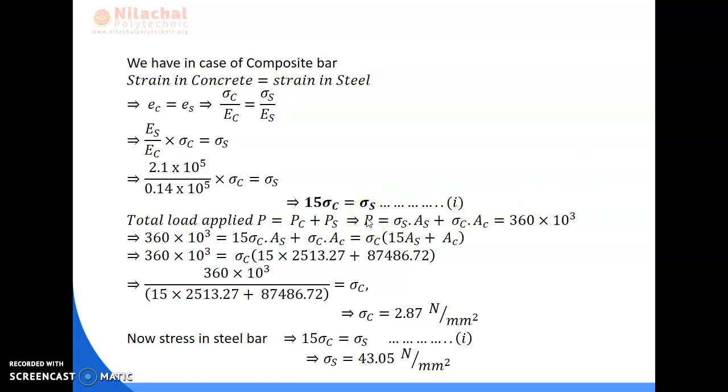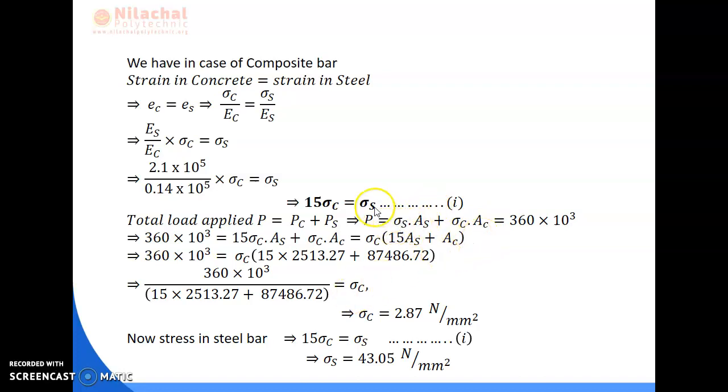The second point is the total load applied. The total load applied, we have taken as P, is equal to 360 kilonewton. The total load will be shared by the concrete and steel, that is P is equal to PC plus PS. That is, for steel, load is equal to stress into area, sigma S into AS, and for concrete, stress in concrete into area of concrete is the concrete load.